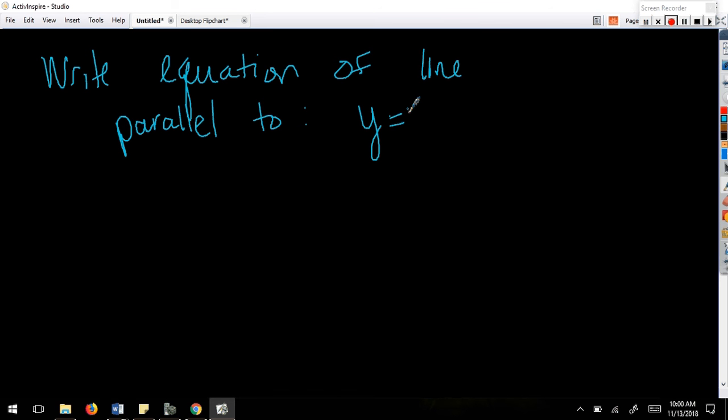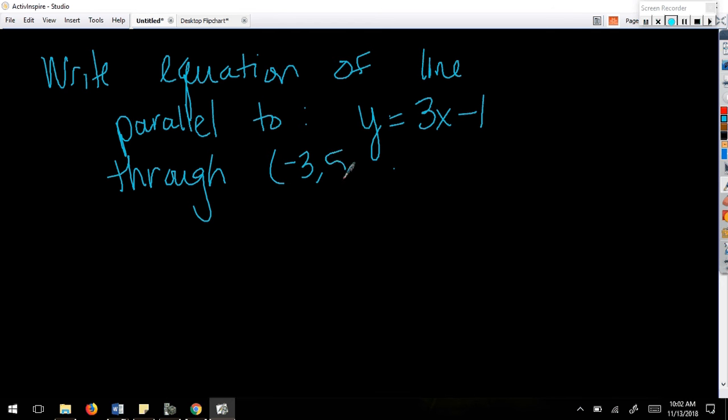So you have to keep straight what parallel and perpendicular mean. Parallel to this line is stipulation number 1. Stipulation number 2 is I want it to go through the point negative 3, 5.